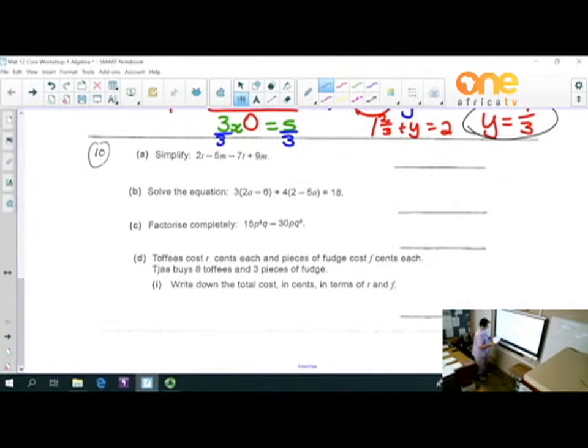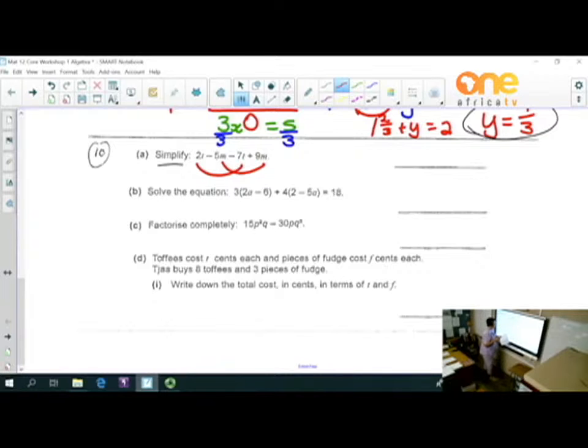Question 10. Here we have a mixture of methods that we're going to use. First one, simplify. That means I'm going to add like terms. My like terms are this 2 and this 2. You cannot just add everything, only like terms.